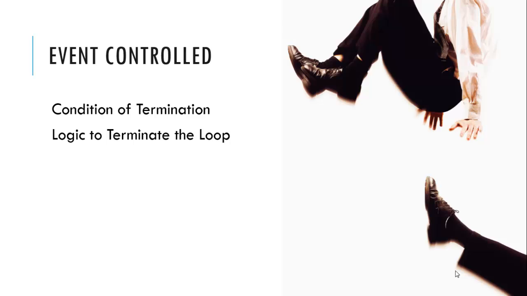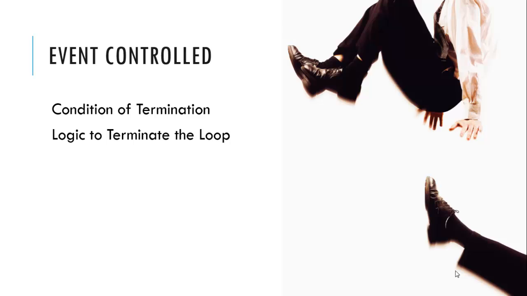Similarly, we have event-controlled loops that do have a condition of termination. However, we don't know after how many times that condition will be reached. However, we need to code that termination condition. For example, keep looping as long as the user's response is yes. As soon as the user's response is something other than yes, that will terminate the loop.